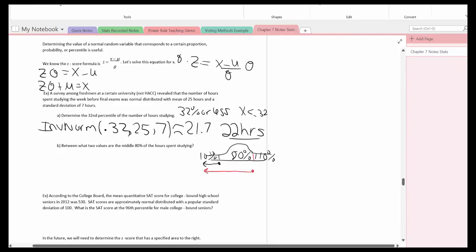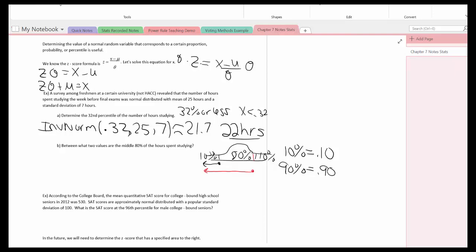So what percentage is to the left of the lower one? That is 10%, and I'll rewrite that as 0.10. The upper is the 80% plus the 10%. That is going to be 90%, which I can write as a decimal as 0.90. So there are 2 inverse norms, one for the lower part, one for the upper part.